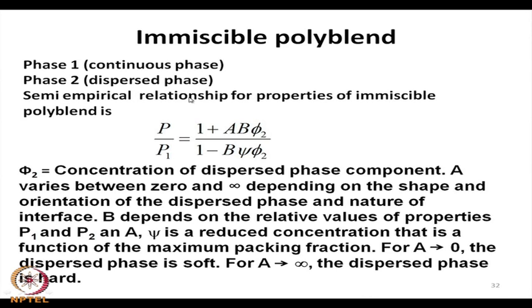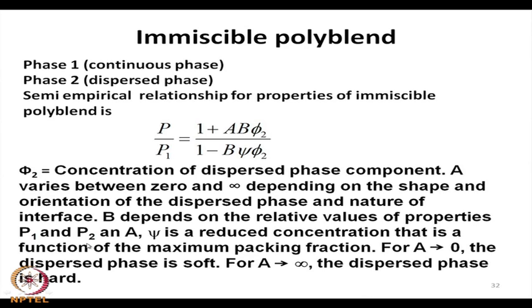There a semi-empirical relationship can be used for explaining the properties of an immiscible polyblend, that is P by P1 is equal to 1 plus A B phi 2 divided by 1 minus B psi phi 2, where phi 2 is the concentration of the dispersed phase component, and A varies between 0 and infinity depending on the shape and orientation of the dispersed phase and nature of the interface.